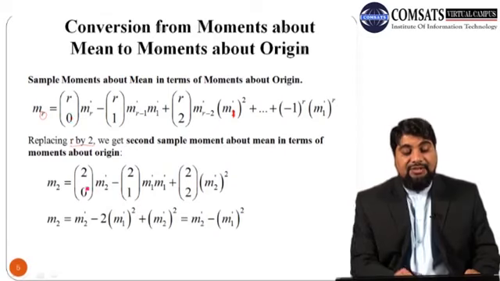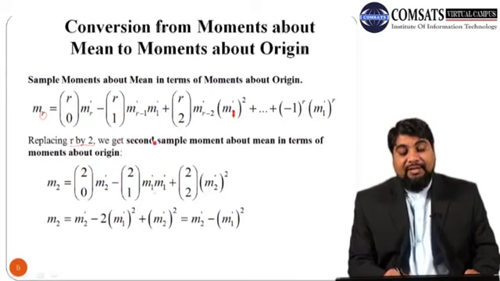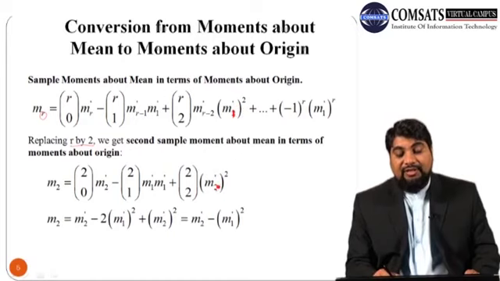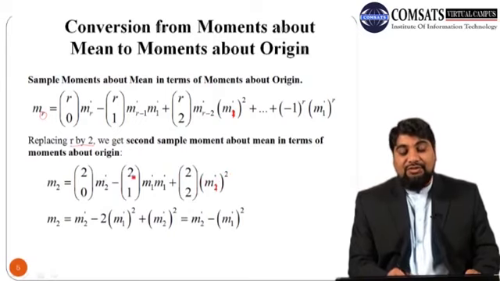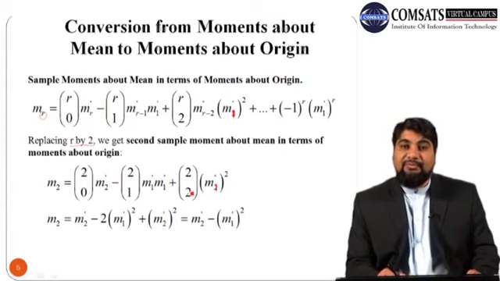Here 2C0, then m2 dash, this one as it is, then minus as it is, 2C1, then m dash 2 minus 1, it is 1, and this m1 dash as it is, then 2C2, then m dash 2 minus 2 which is 0, so no need to write it, but here we have m dash 1 square, so this is m1 dash whole square. Now we have to simplify this 2C0, 2C1 and 2C2.